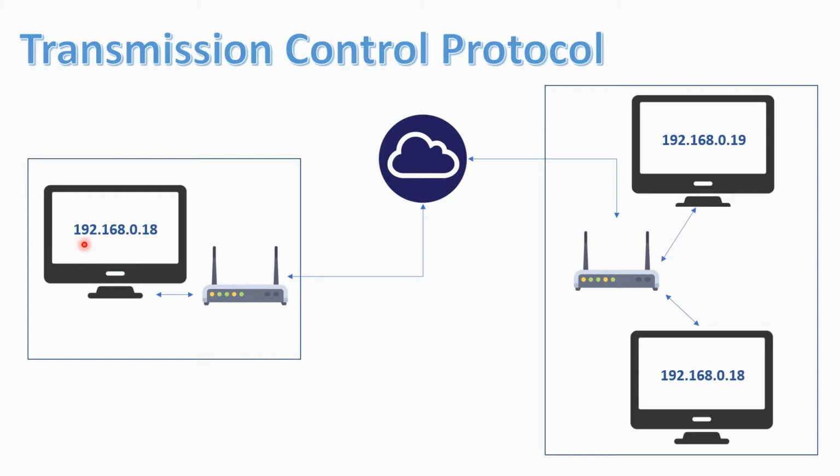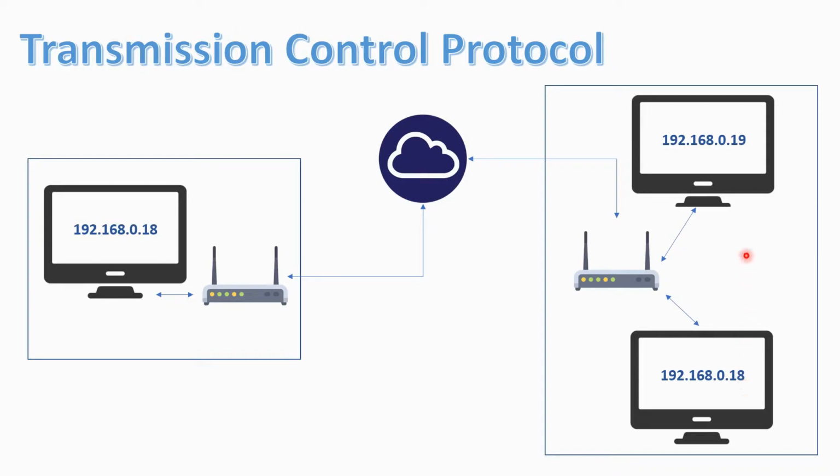If you see carefully, this PC and this PC have the same IP addresses. That is because the IP addresses that are shown are local or internal IP addresses. Here you can see the PC on the top has 0.19 and this one has 0.18.